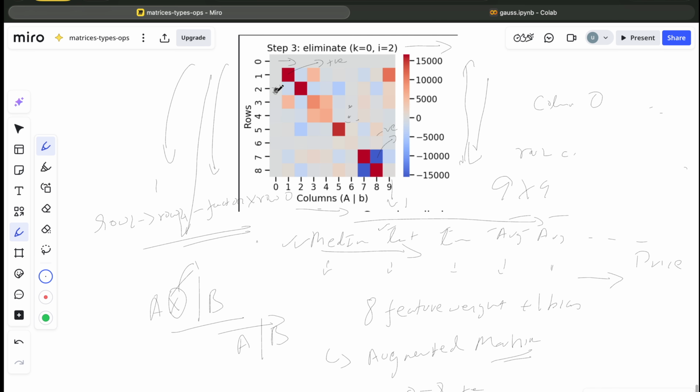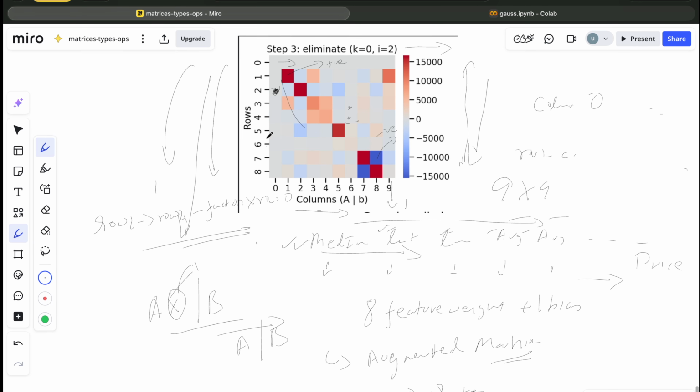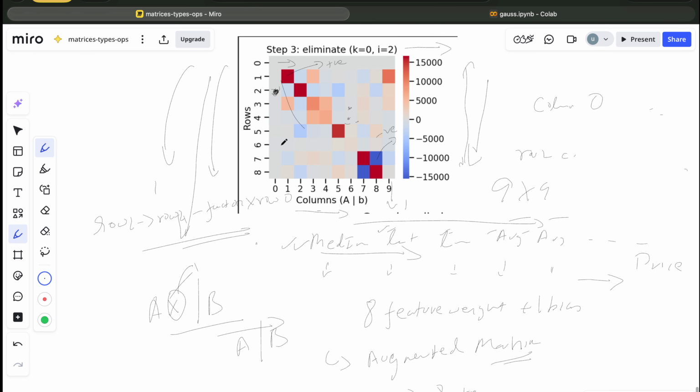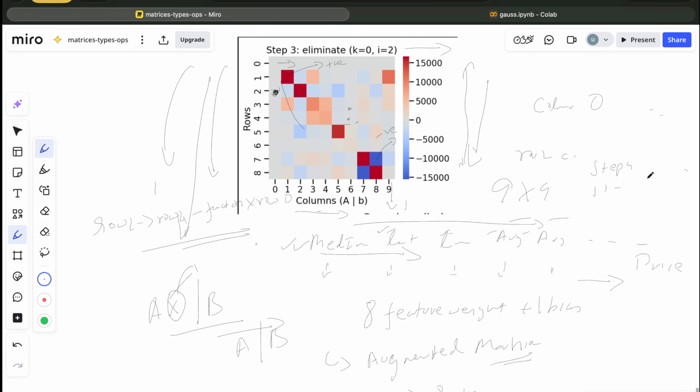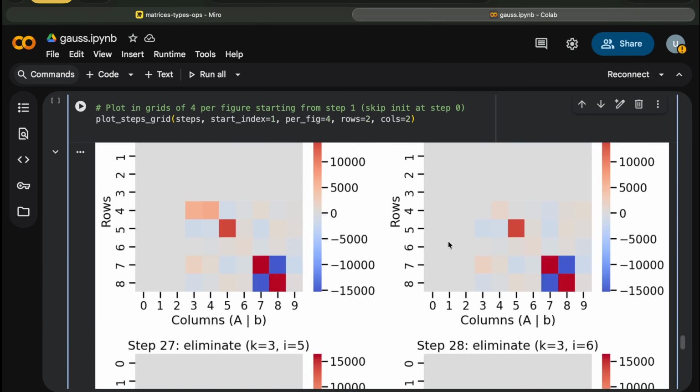We keep doing this so that it becomes an upper triangular matrix, where every term below the pivot cell becomes 0. And so we perform the same for step 4, step 5, step 6, and so on, until we arrive at the last step.